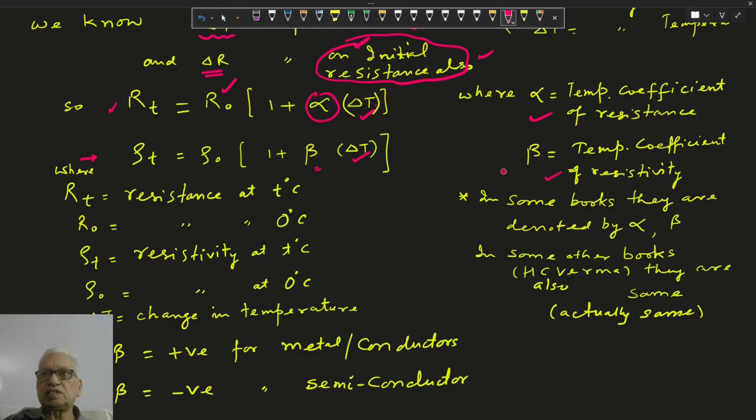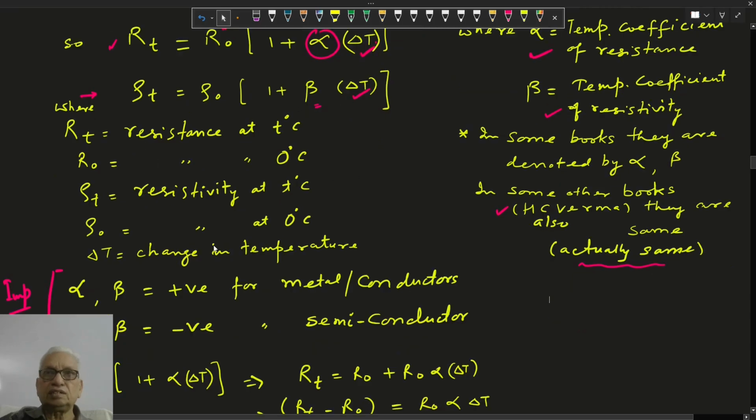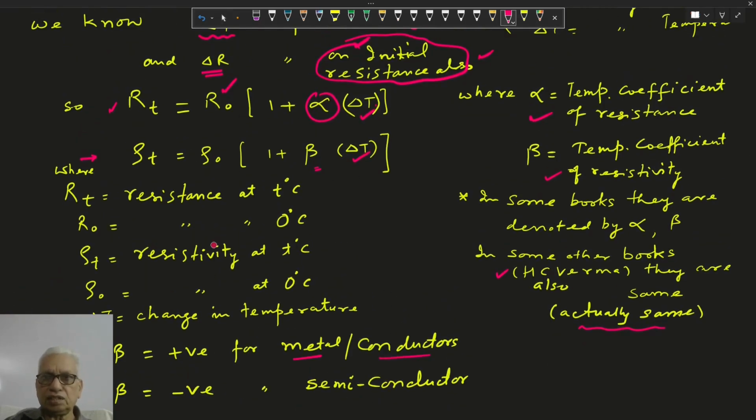In some books alpha and beta are denoted differently for temperature coefficient of resistance and resistivity, but in some other books alpha and beta are the same, like in HCV also. Actually, they are the same. If the temperature increases for a conductor, resistance increases, and for a semiconductor it is reversed: if the temperature increases, resistance decreases, and so does resistivity. For a metal conductor alpha and beta are positive, so the increment in resistance, alpha delta T, is positive.